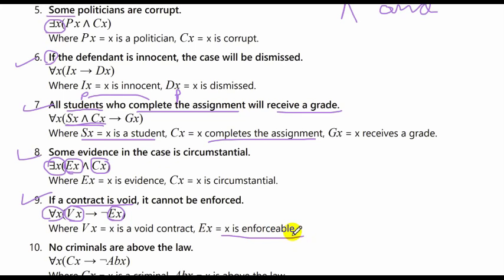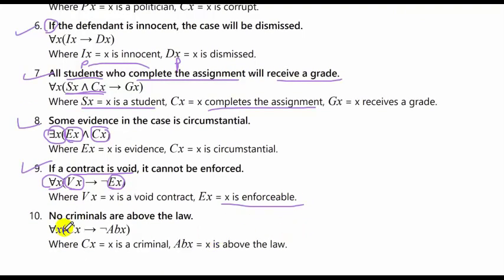Next is no criminals are above the law. When we use "no", it means for all x, criminal Cx, above the law Abx. So for all x, there are criminals, which implies for no x, that is universality, negative. So we are using the negative symbol here.